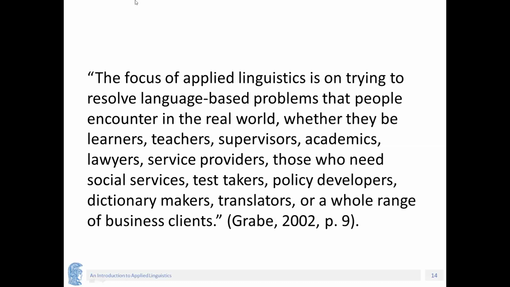Whoever it is, when they start using a language, there are certain related problems. The purpose of applied linguistics is to resolve and address all these problems.